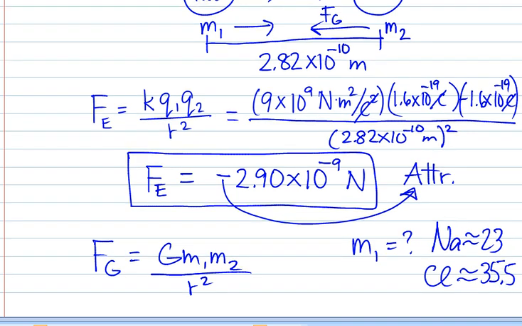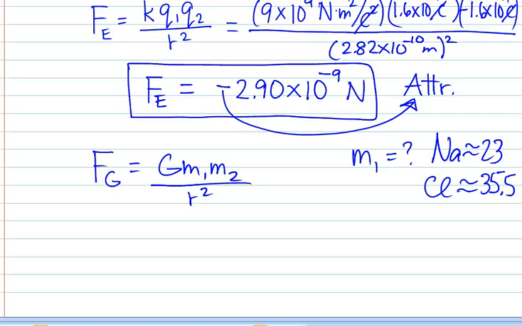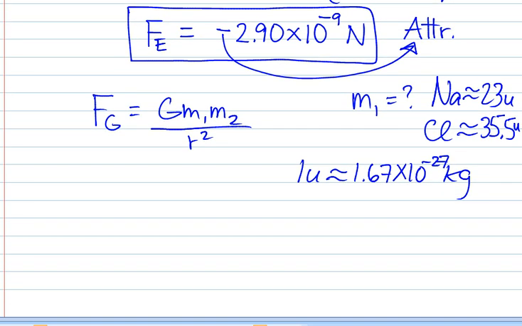And remember, not sure if you talked about this a lot in chemistry or if you know this, but this is mass units, so I'm putting a u in there. And 1 u is about 1.67 times 10 to the -27th kilograms.